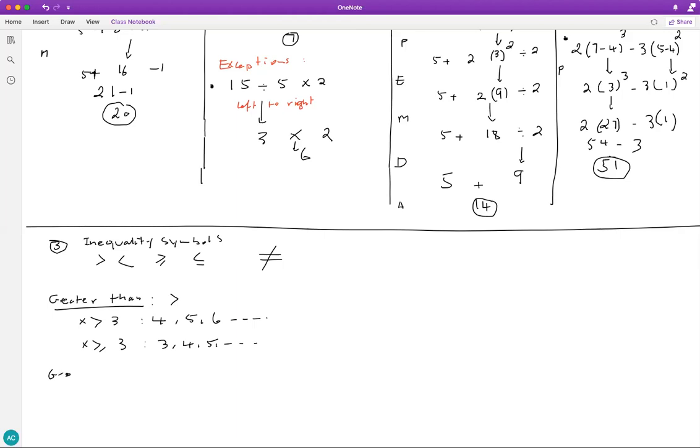The second one, greater than or equal to, is what this symbol is. The line looks like an equal sign, so we say or equal to this number.